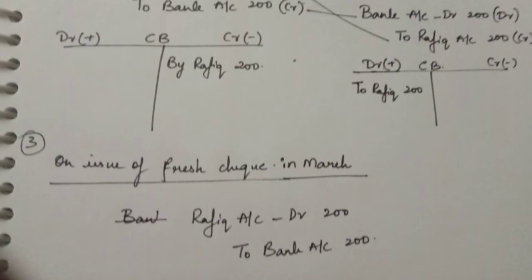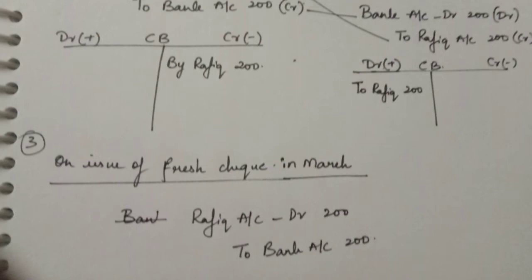What is the opening balance? We are having 4,500 as per cash book, overdraft balance as per cash book. So this 200 might have been accounted for in that opening balance itself. But now, freshly in the month of March, what we are recording on replacement of check, we are recording the cancelling entry, that is bank account debit to Rafiq account, and again on issue of the fresh check, we will record Rafiq account debit to bank account with a new check number.